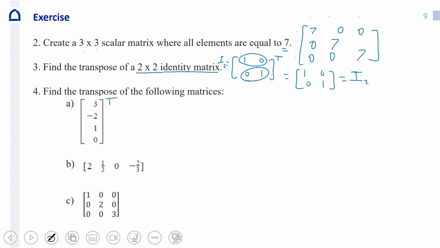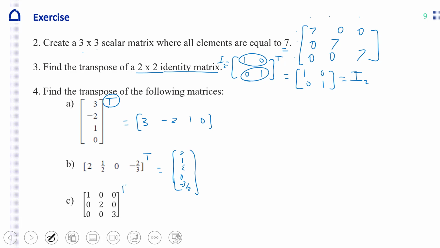Find the transpose of this matrix. To get the transpose of this one, it is 1 column, so it will be 1 row. How to get the transpose for this one? It is one row, you just make it one column: 2, a half, 0, minus 3 over 2.